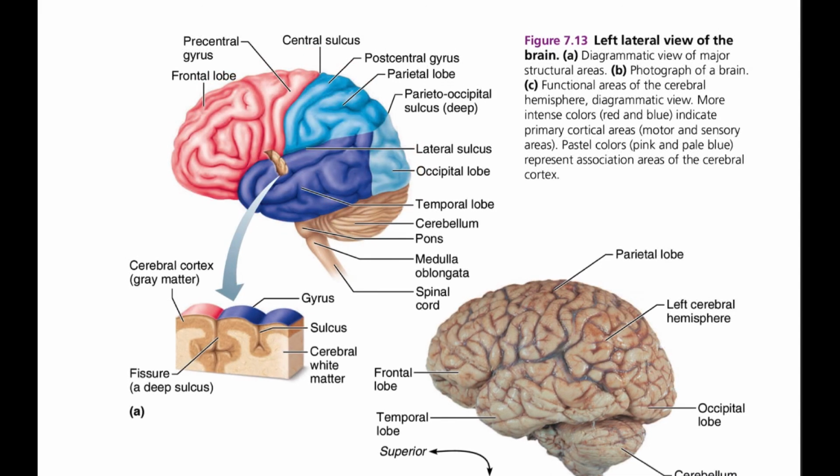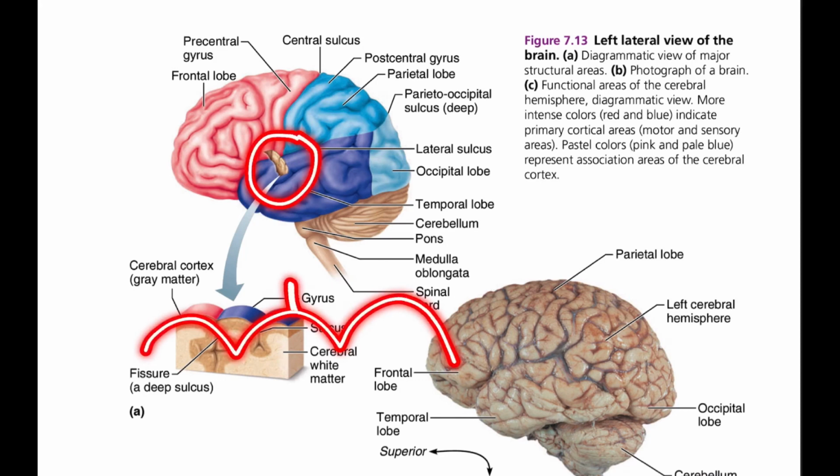If you take a small part from this area, you see these speed breaker like structures. This is known as a gyrus, and this depression we call a sulcus, and if this sulcus goes very deep, we call it a fissure, that is a deep sulcus.